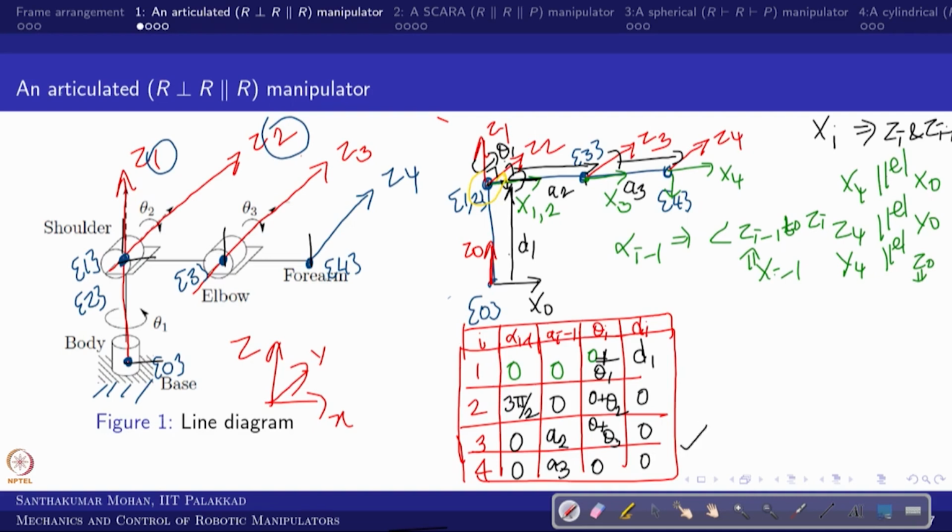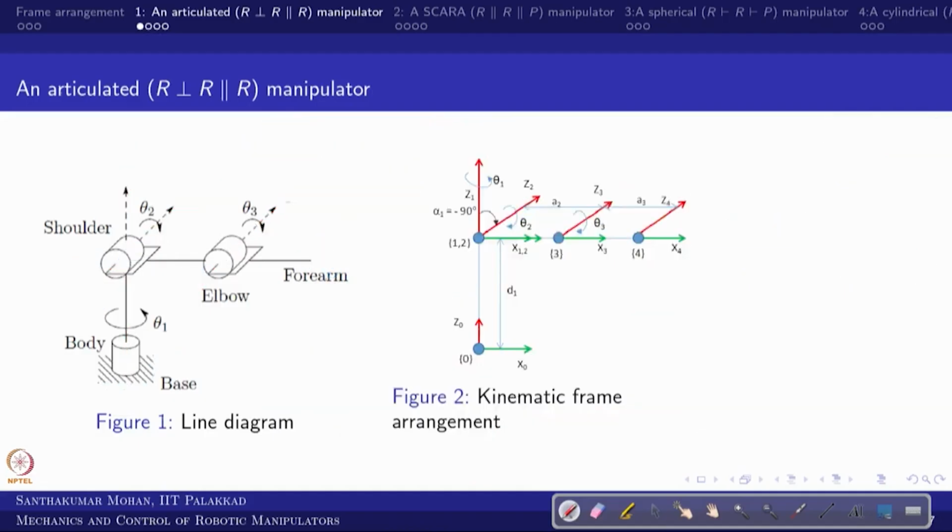Now we will go through the same thing in a pictorial way, which I did already. This is 0, this is 1 and 2, and this is 3 and 4. We fixed z1, z2, z3, which are given, while z0 and z4 are choices, so I keep them as per my own, and x0 to x4 we fixed based on the rule we have used.